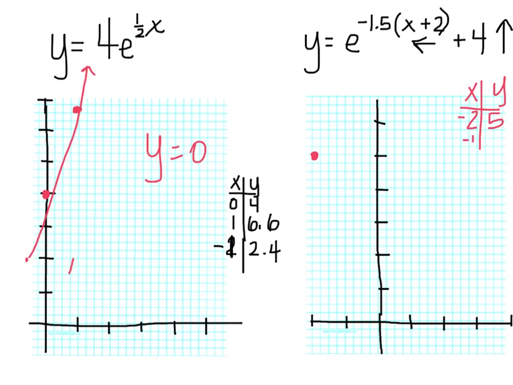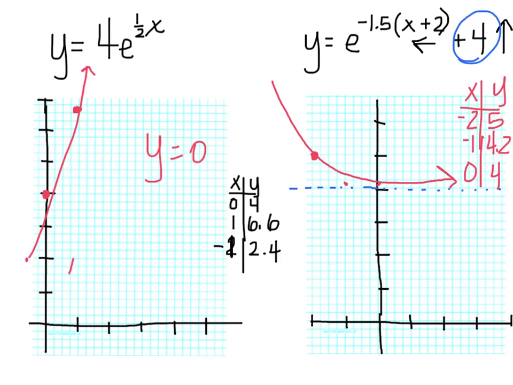And -1 will be 4.2. And 0 will be 4.04, which is right above there. And we know that our asymptote is shifted up 4, so our asymptote now comes in right here and skirts right under that. Sorry, I missed some of the points, but you get the point.